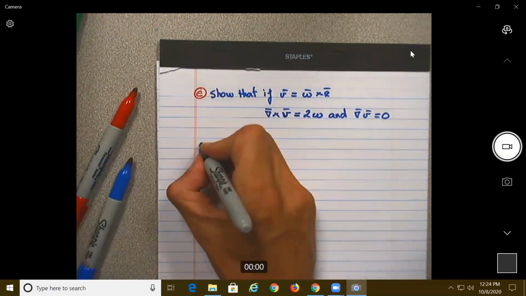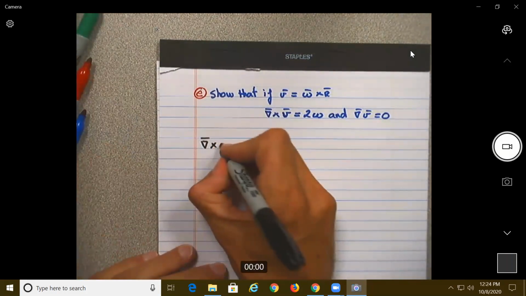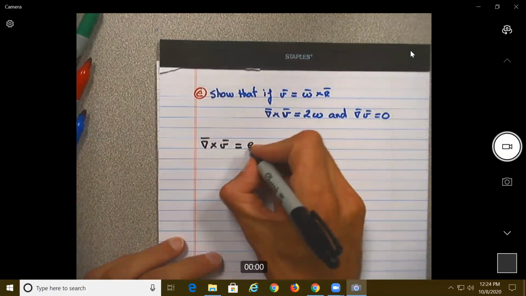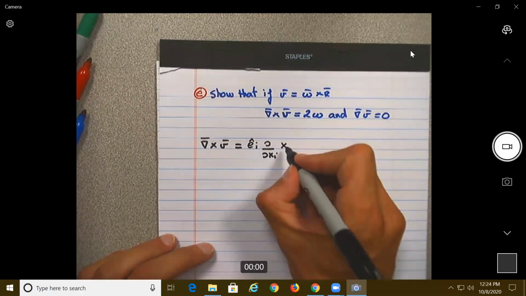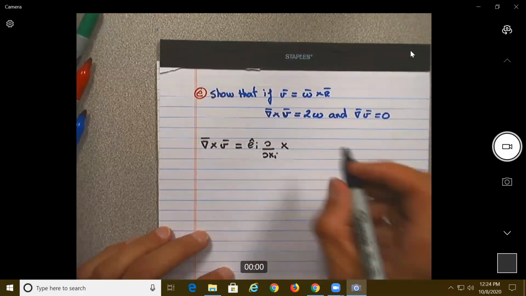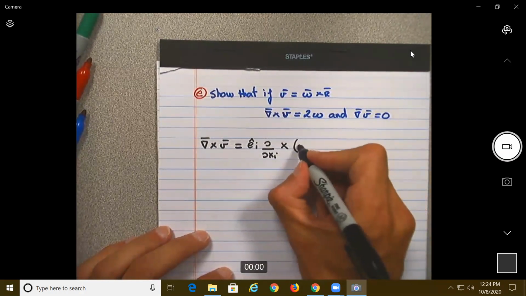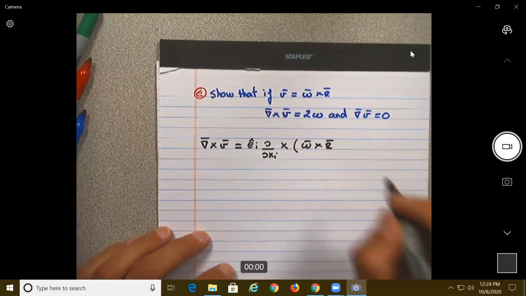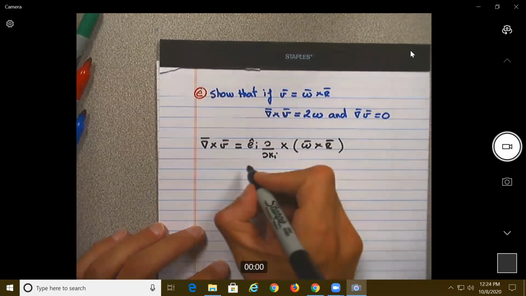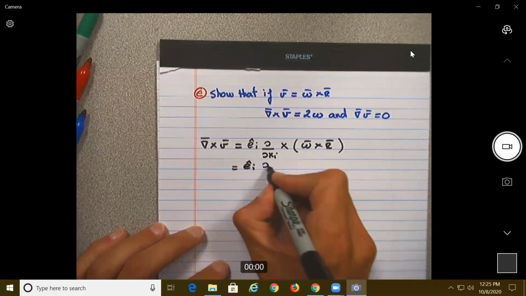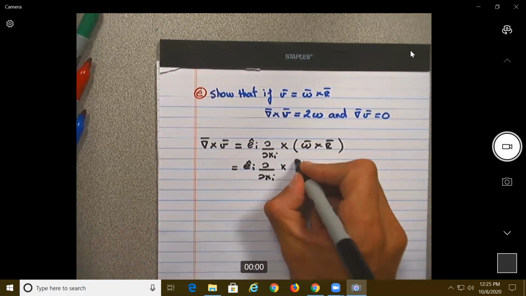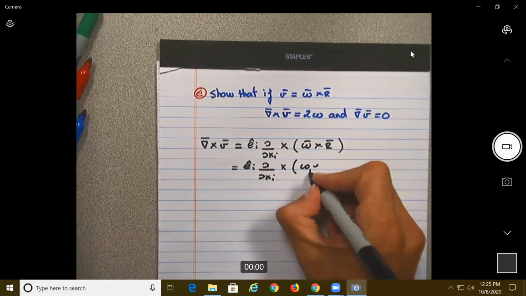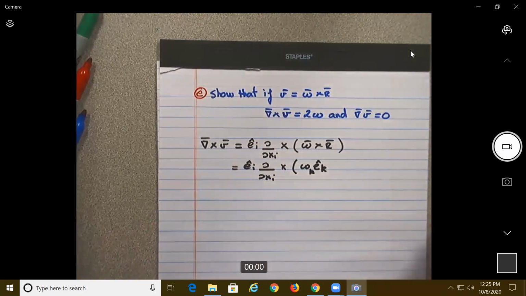All right, so let's start with the first one. Del cross V will be equal to e_i partial x_i cross V, which is, okay, maybe I want to do it in 2 steps, which is omega cross R. Okay, so this is equal to e_i of J, sorry, use J for this one.